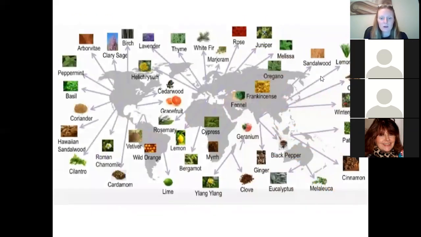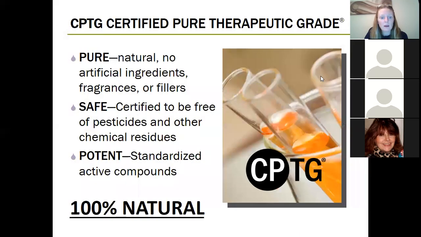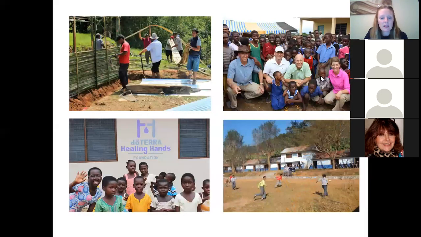A lot of the areas around the world that these oils are produced from are quite poor. So doTERRA really want to make sure that these communities are provided for, and that they're able to continue with everything that they do. Then we have the Healing Hands Foundation.